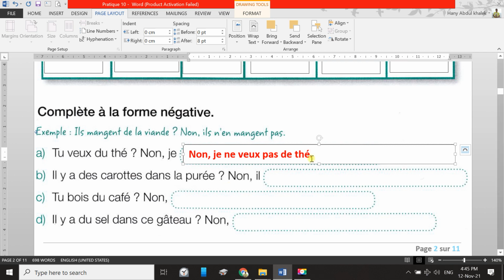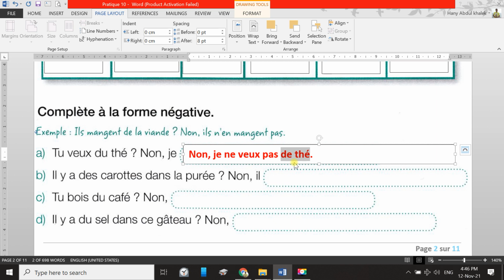After that, he said to us, replace this object with an object pronoun. The rule is: if we have du, de la, de l', des, or de, or d', plus something or a place, all of it will be cancelled and replaced with en. In the affirmative form and the negative form, we will not say anything after the verb.